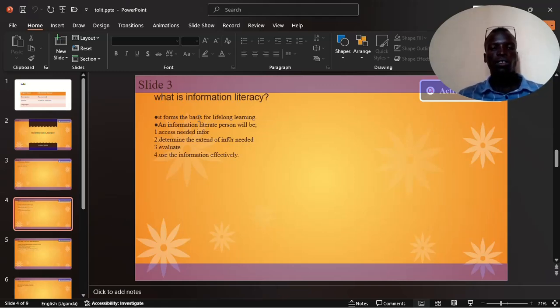So it is applied to all learning environments, all levels of education, starting from primary up to secondary. So this is very important to direct the learners to get the information when they need it. So that's a brief description of what information literacy is.